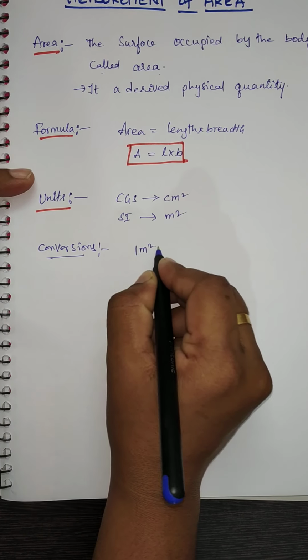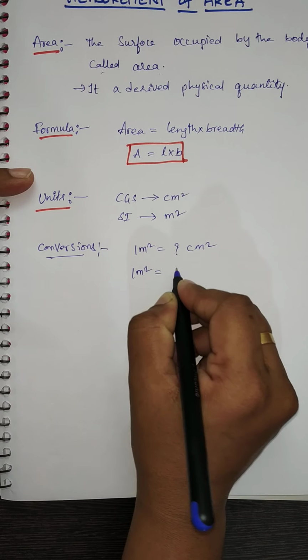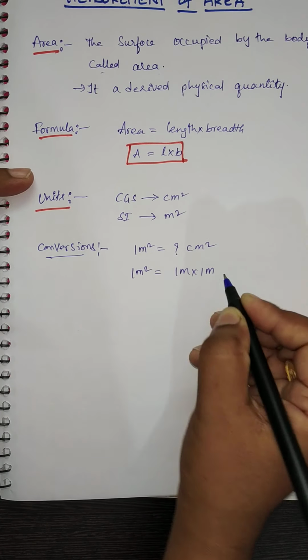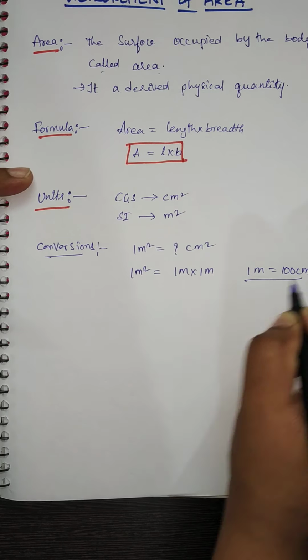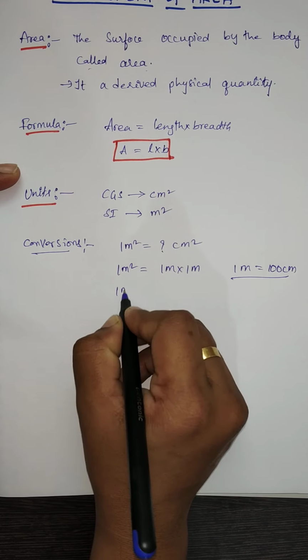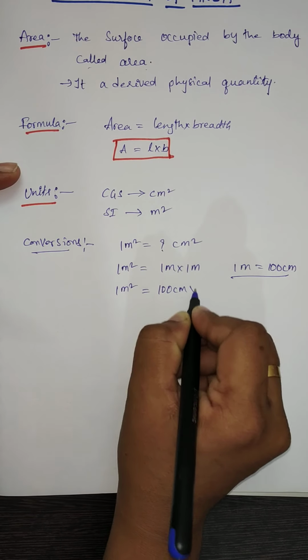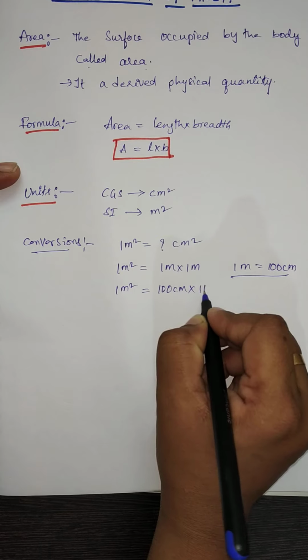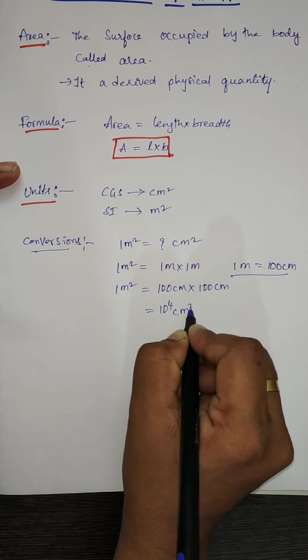See, 1 meter square is equal to how much centimeter square? 1 meter square is equal to 1 meter into 1 meter, and 1 meter is equal to 100 centimeters. So 100 centimeters into 100 centimeters is equal to 10 to the power of 4 centimeters square.